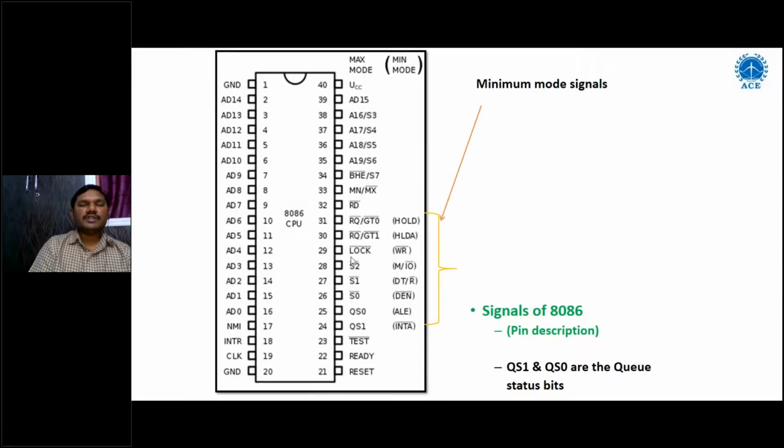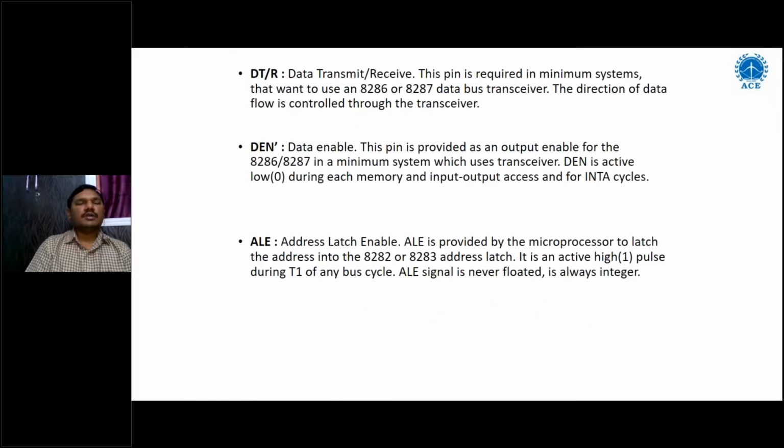In the minimum mode of operation, these are the pins operated in minimum mode of operation. Hold acknowledgement, M/IO, DT/R and DEN. DT/R means data transmit and receive. This pin is required in a minimum mode system that wants to use the 8286 or 8287 data bus transceiver.